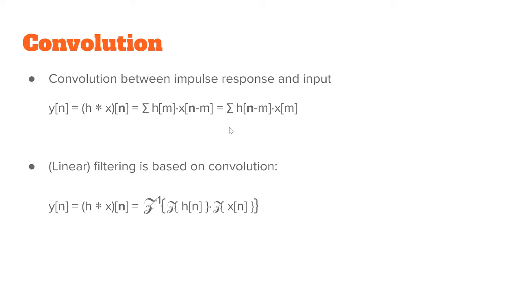But in this Z-transform space, actually the Z-transform of the output is equal to the Z-transform of the impulse response times, just ordinary multiplication, no convolution, the Z-transform of the input.